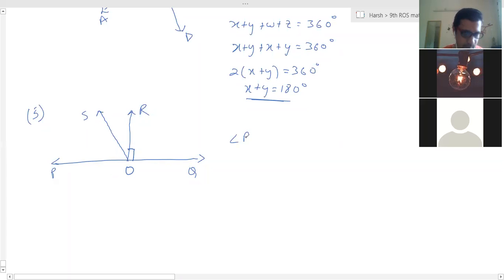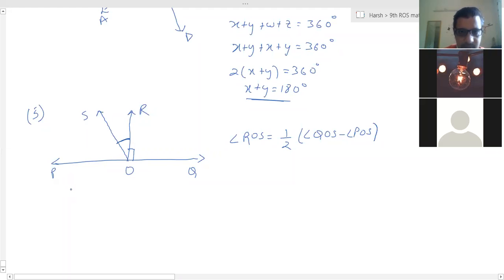To prove angle ROS equals half of angle QOS minus angle POS. So ROS, this angle, is equal to half of QOS minus POS. Anybody else apart from Srinidhi who has done this? No. Okay. Srinidhi, go ahead.